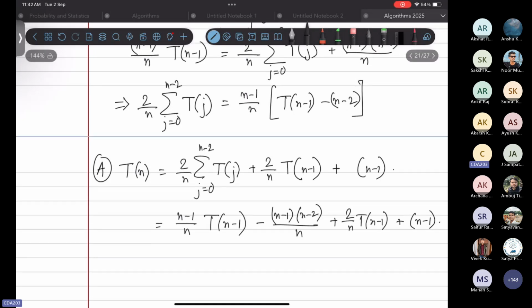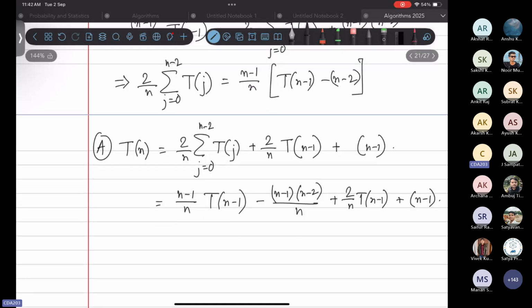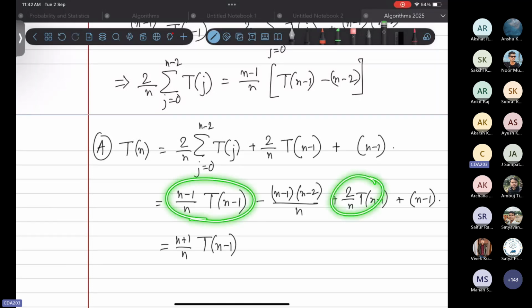If I take these two T n minus 1 terms common, then what do I have? n minus 1, and here is n minus 1, and 2 here. That gives me n plus 1 by n, combining basically this and this.